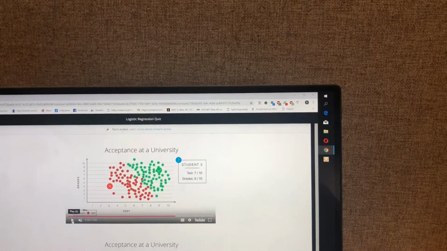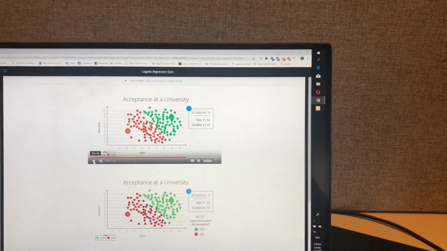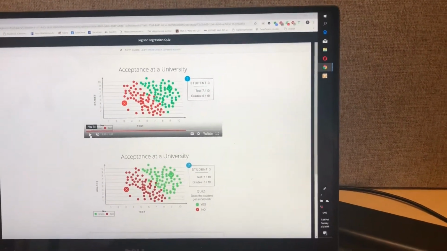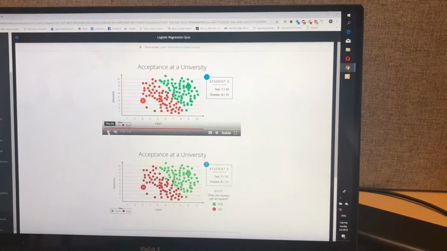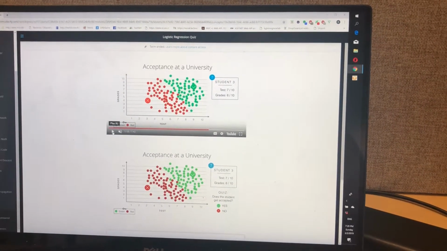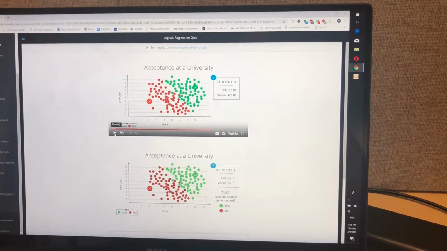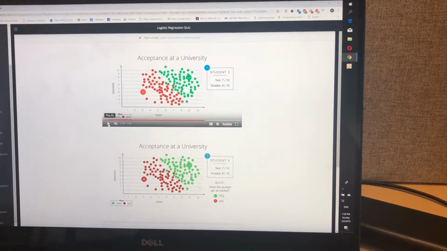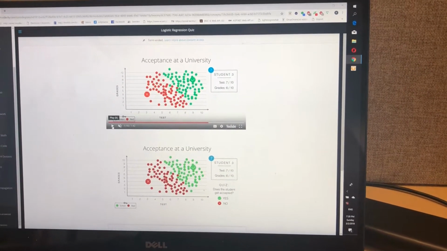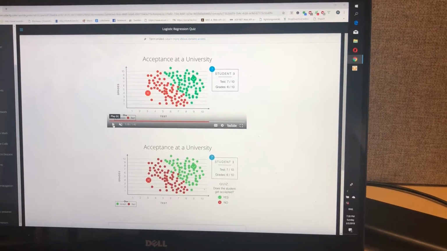So that's an example of how we do regression, and also how we can take decisions based on the regression of the data, right?